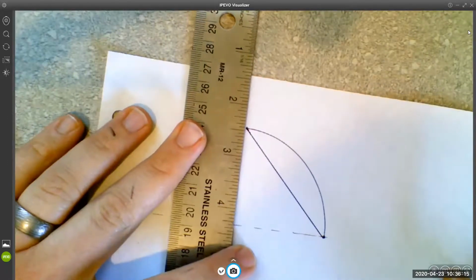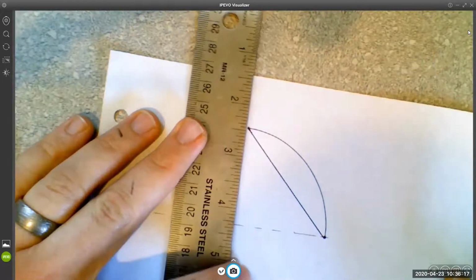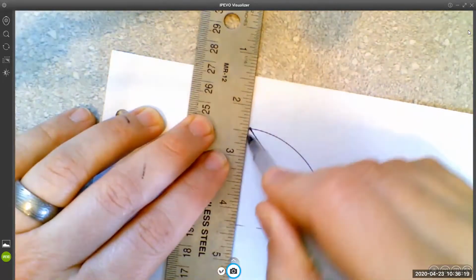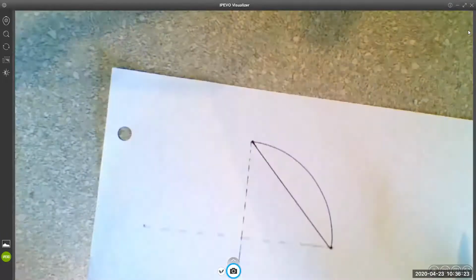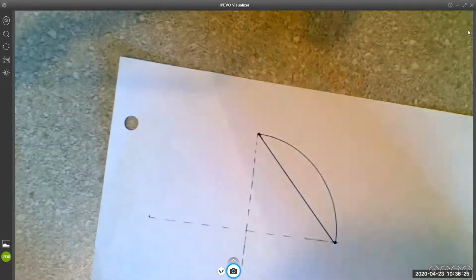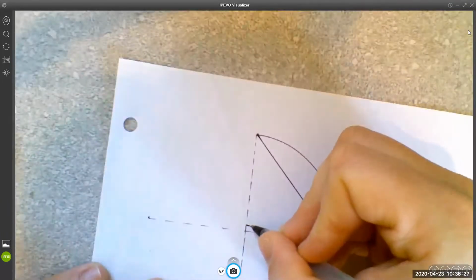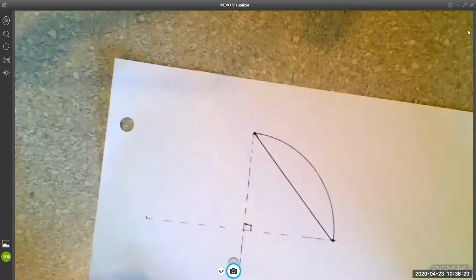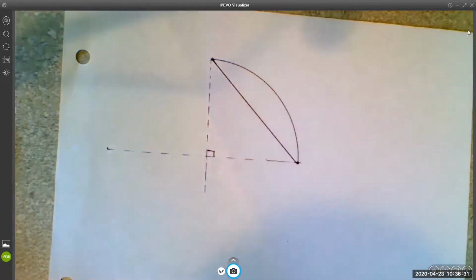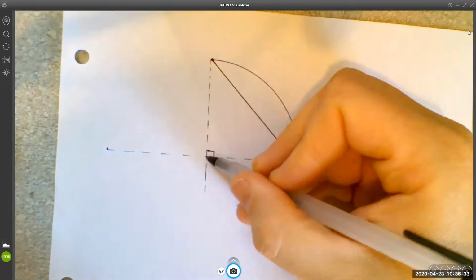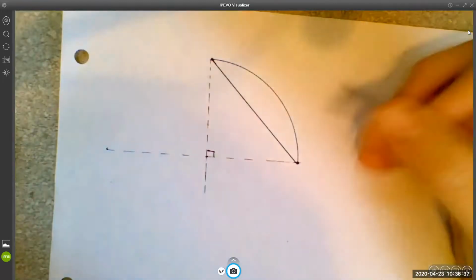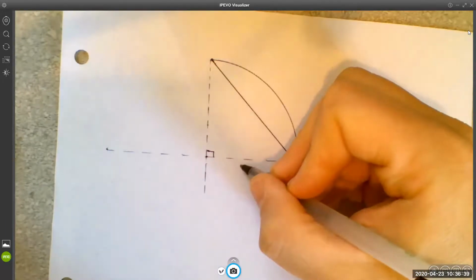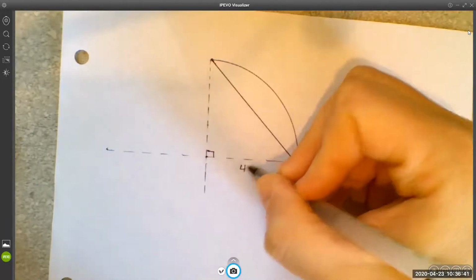Fairly perpendicular anyway. So that should be perpendicular. And now let's say that we know that this length from here to here is, oh, what should we use? I don't know. Let's say 4 feet.